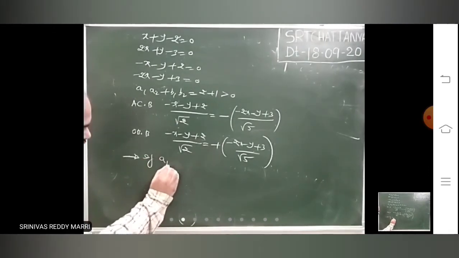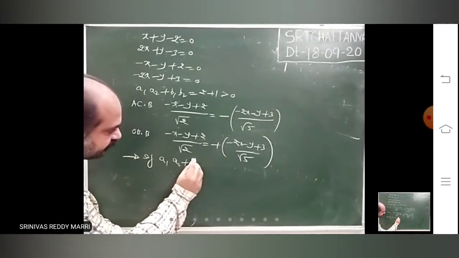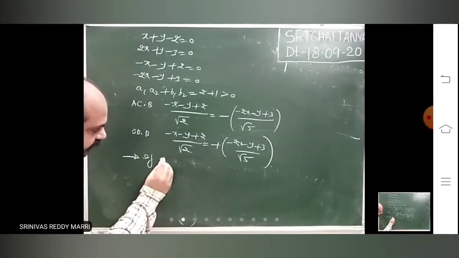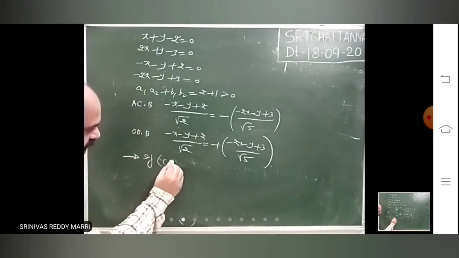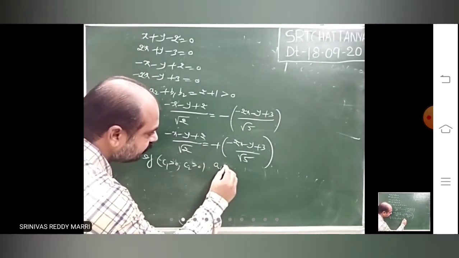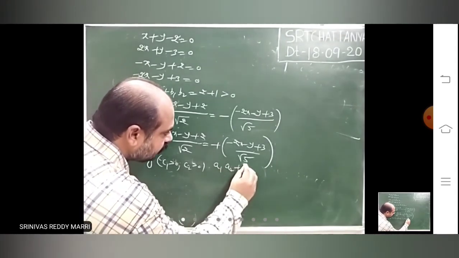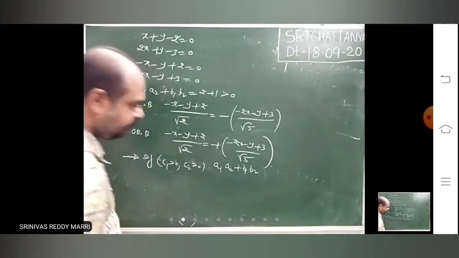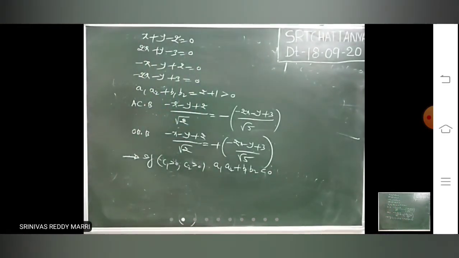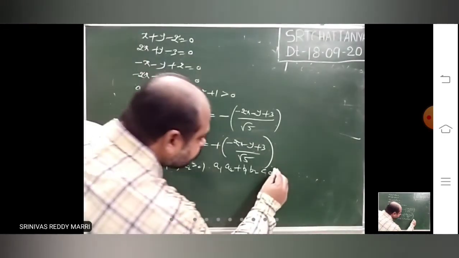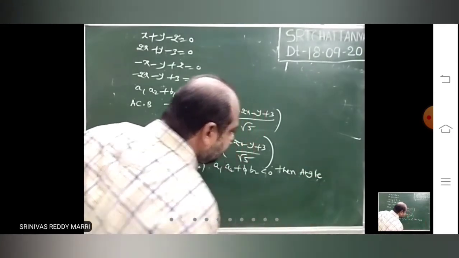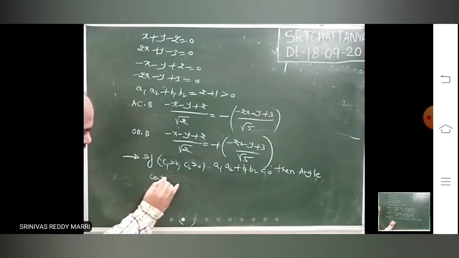Look at another formula. If C1 greater than 0, C2 greater than 0, and A1 A2 plus B1 B2 less than 0, then the angle containing the origin is acute.